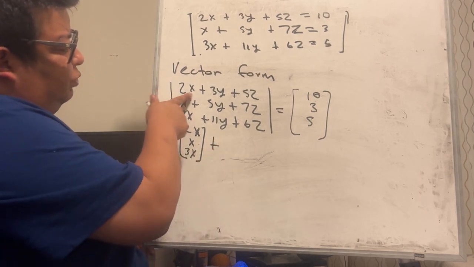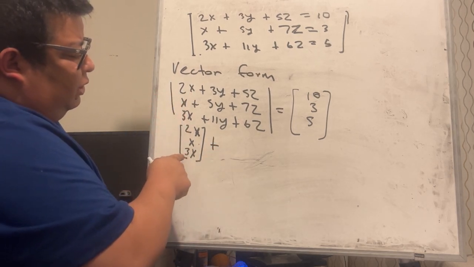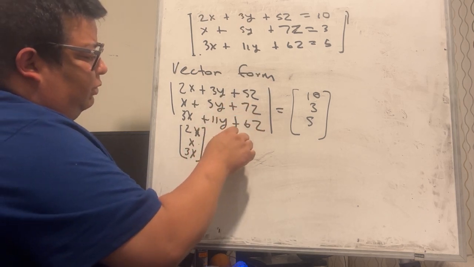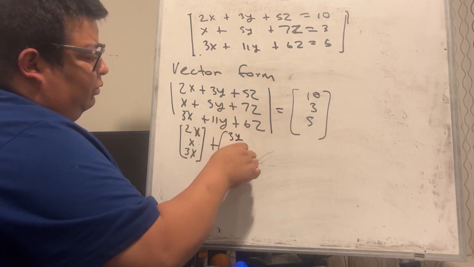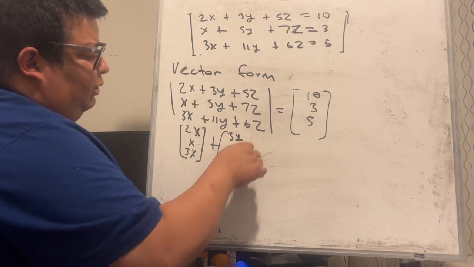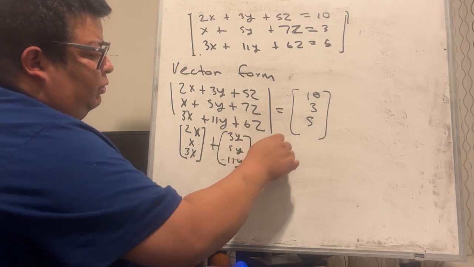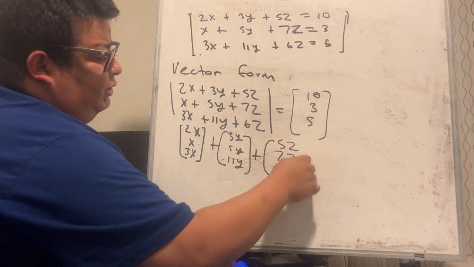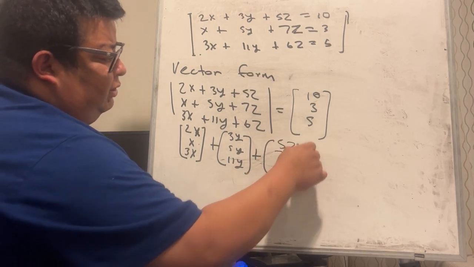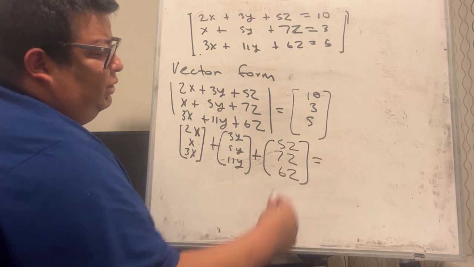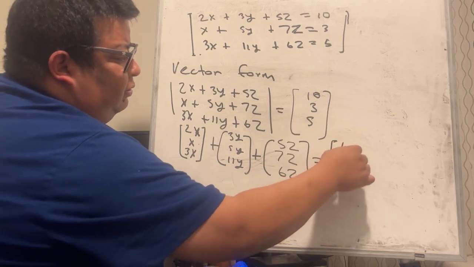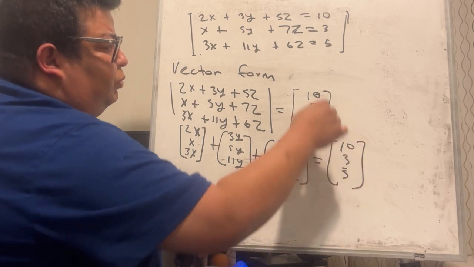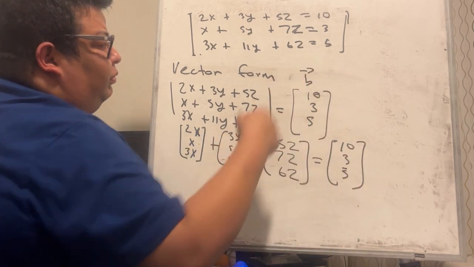For example, here the 2x, the x, and the 3x gets one column, and then you do the same for the other columns. So 3y, 5y, 11y plus 5z, 7z, 6z, and then you set that equal to your vector b. We can call this vector b.